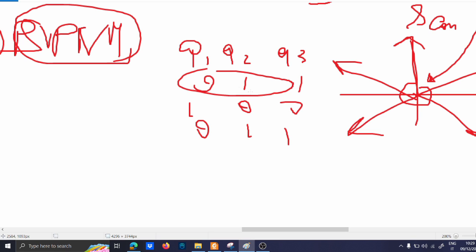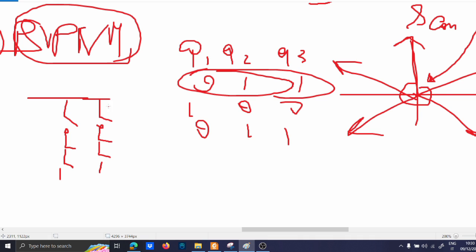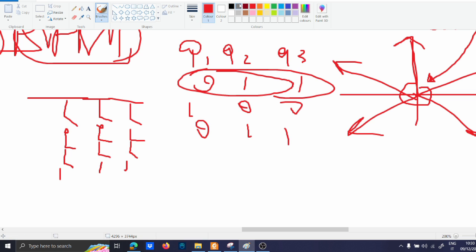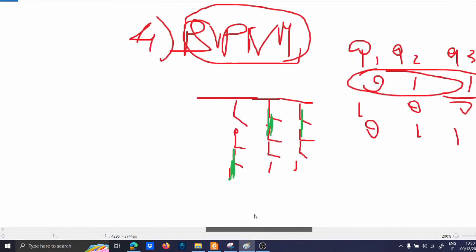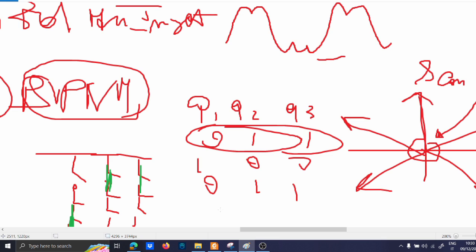For instance, if we call the switches like this, let me change color. This will be open, this will be closed, Q1 closed, and closed. So this is a combination. With the space vector combination, you ensure greater efficiency. So this is one of the best employed techniques.